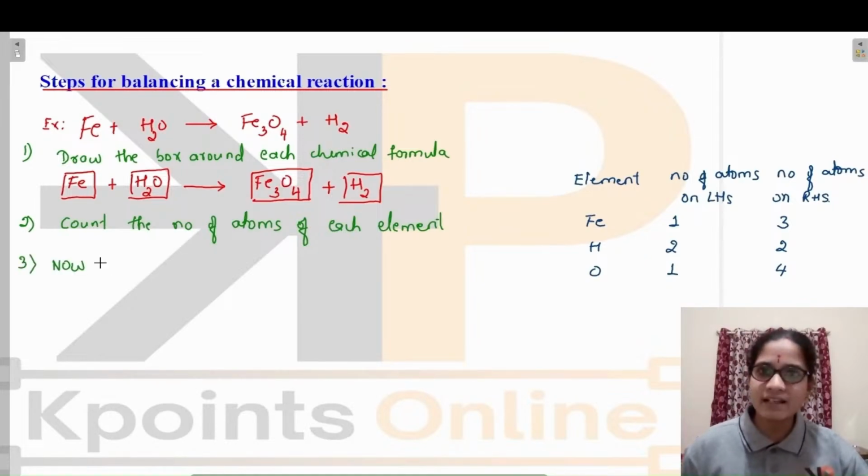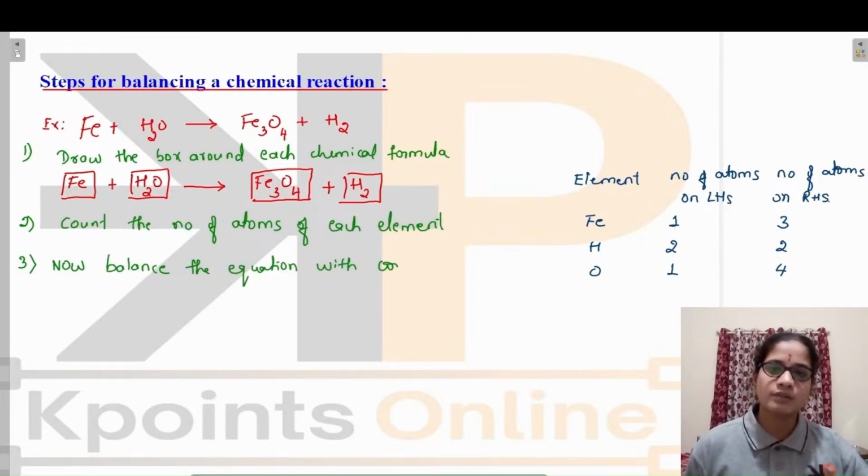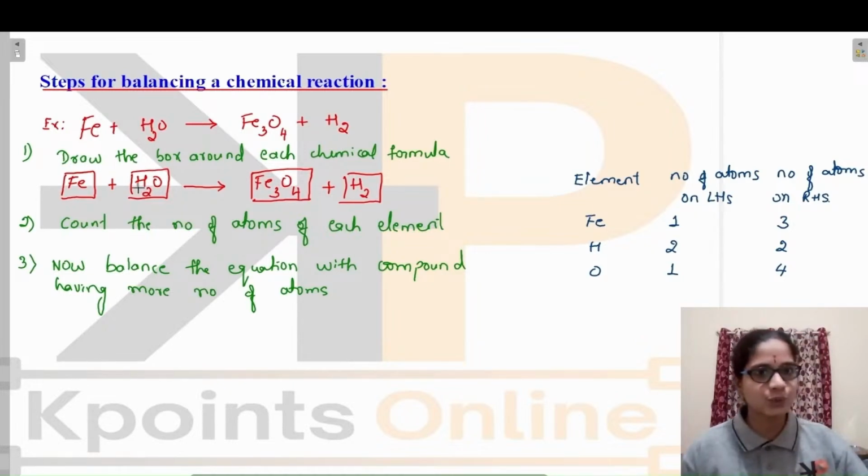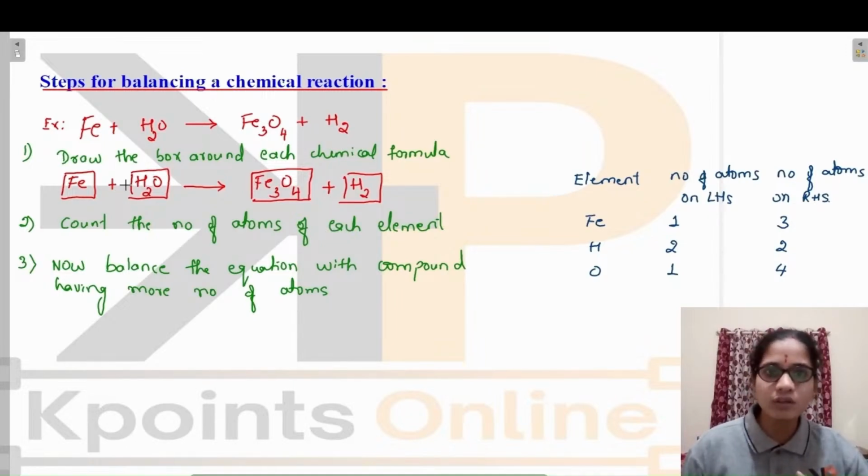Now start balancing the equation with the compound having more number of atoms. Here oxygen atoms are more in number, so let us first balance the oxygen atoms. As there are 4 oxygen atoms here, on the LHS also there must be 4 oxygen atoms. So I need to keep the coefficient 4 here. By multiplying by 4, we get 4 oxygen atoms on LHS also.